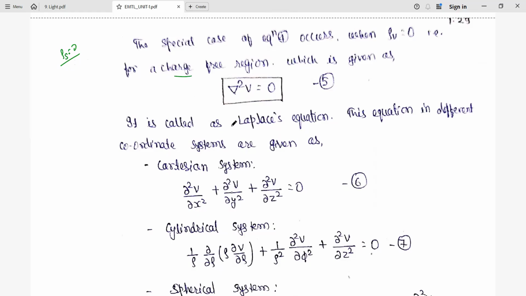That lecture is also available for you to see. So when rho v equal to 0, the equation reduces to del square V equal to 0. This del square V equal to 0 is called the Laplace equation.